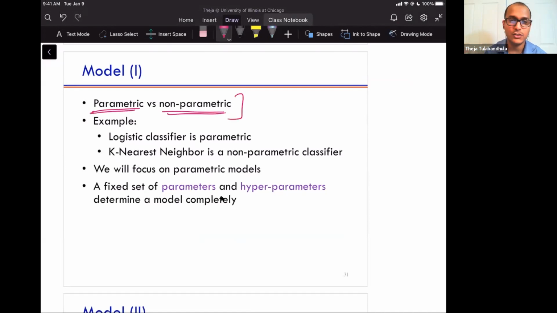This distinction is not supremely important for us. This is just an example. I'm just trying to say that there are many different types of models.